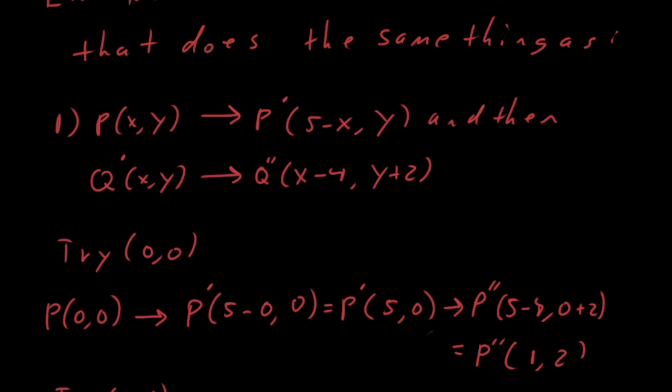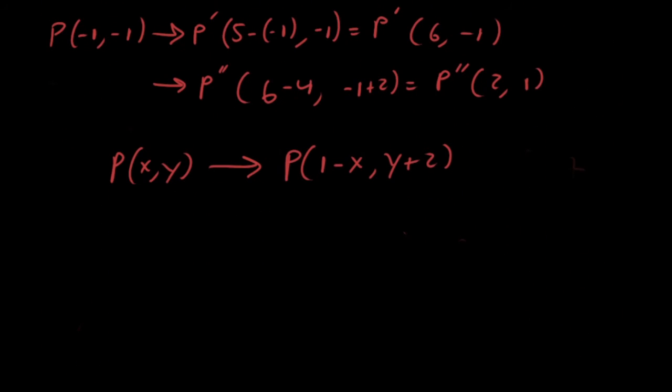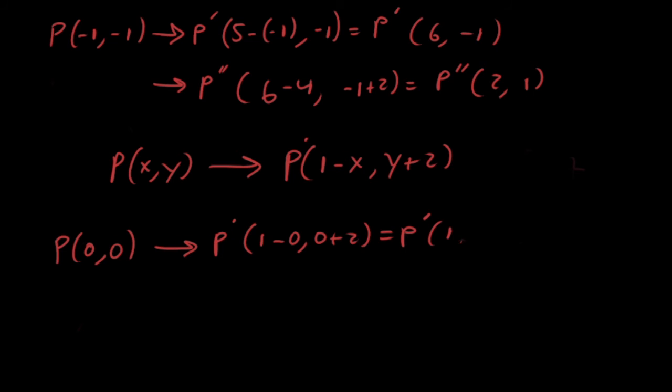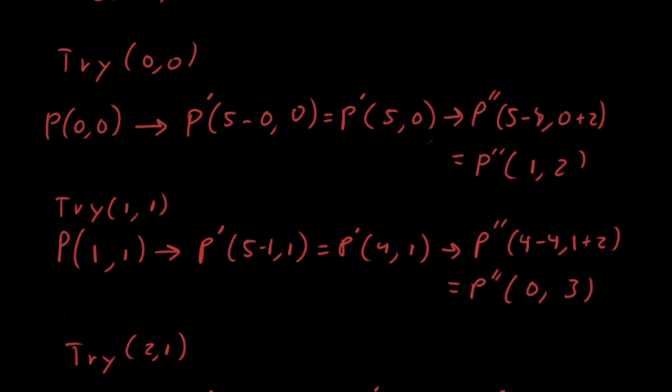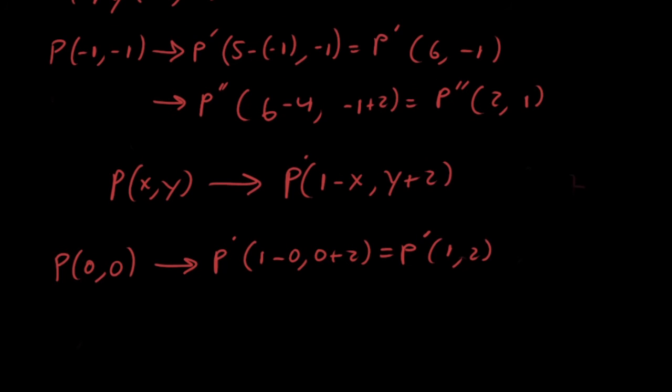So for 0, 0, right? P of 0, 0 goes to P prime 1 minus 0, 0 plus 2, P prime 1, 2. Is that what I got for 0, 0 up there? Yes, perfect. All right.